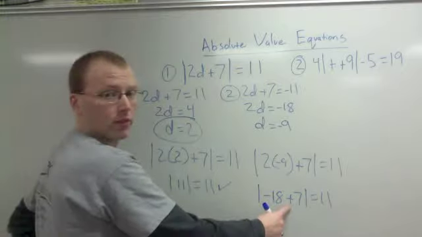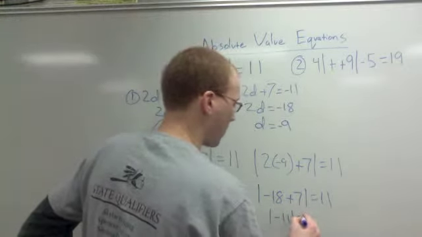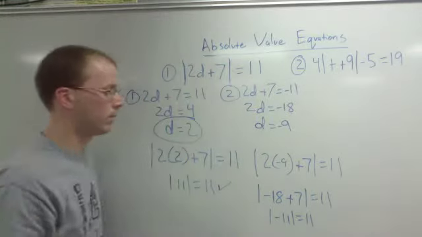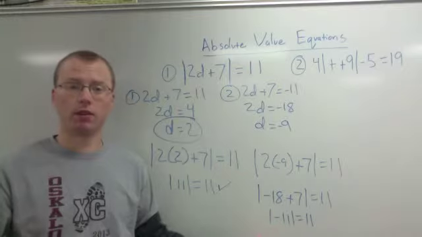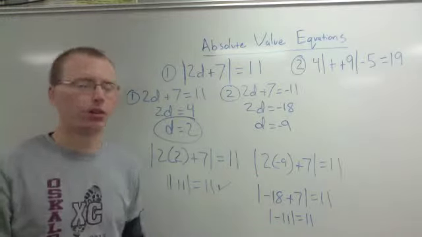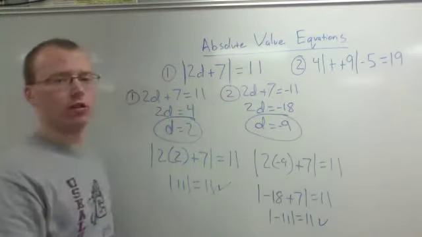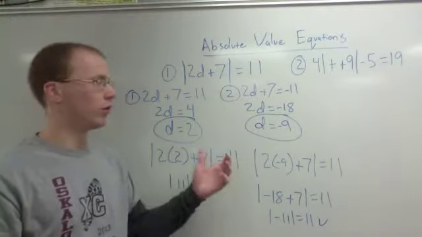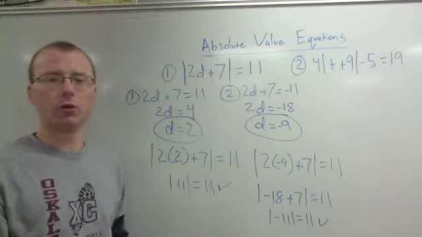Negative 18 plus 7 is negative 11. Is the absolute value of negative 11 11? Absolutely it is. So this is true, which means this answer also works. So 2 is an answer, and negative 9 is an answer for question number 1.